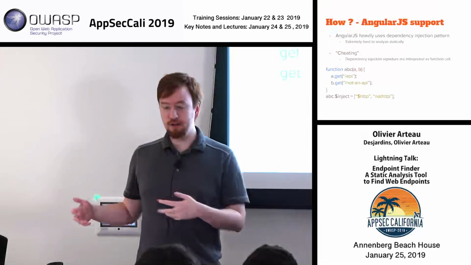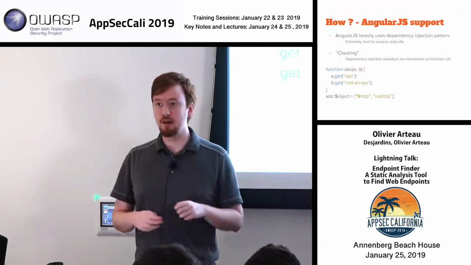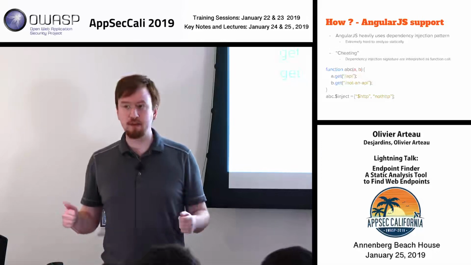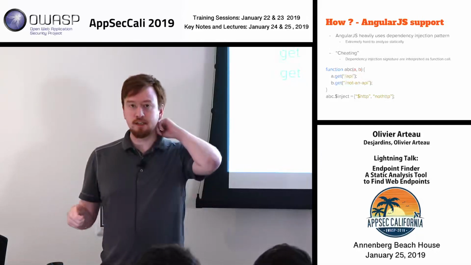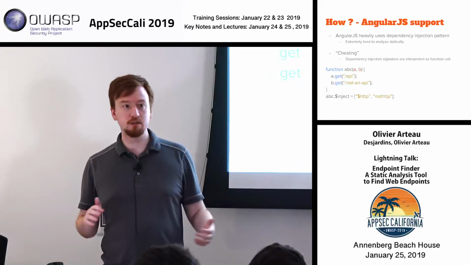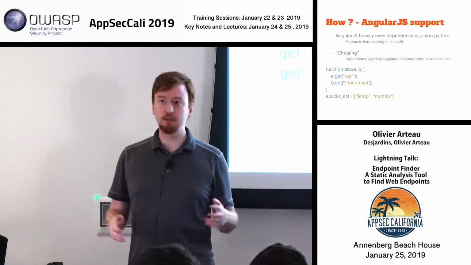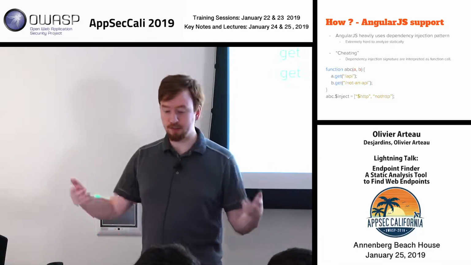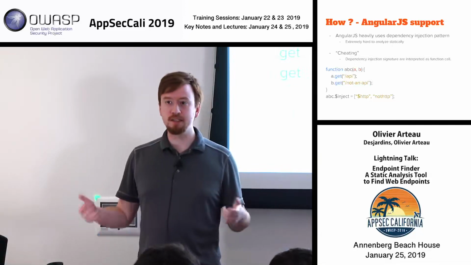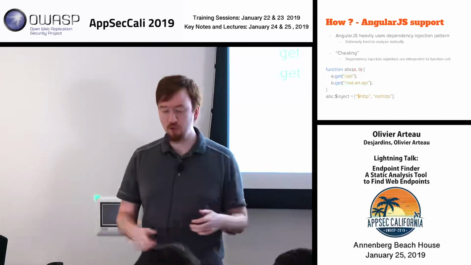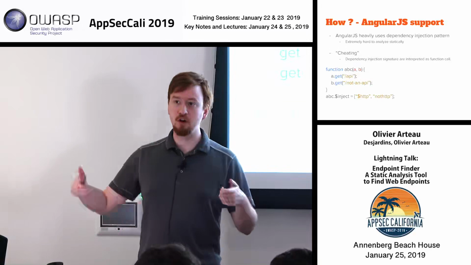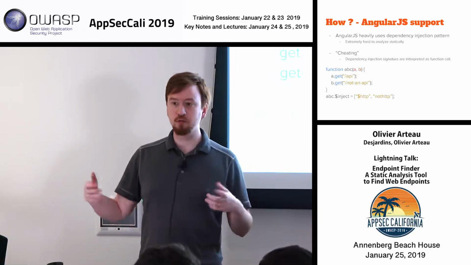Yeah, so the way the engine supports AngularJS a little bit is by cheating. The dependency injection, at least the way it works in Angular, is kind of easy to fingerprint. So basically, whenever we encounter a signature that we know is the dependency injection signature for Angular, we're going to interpret it as a function call to the actual function.